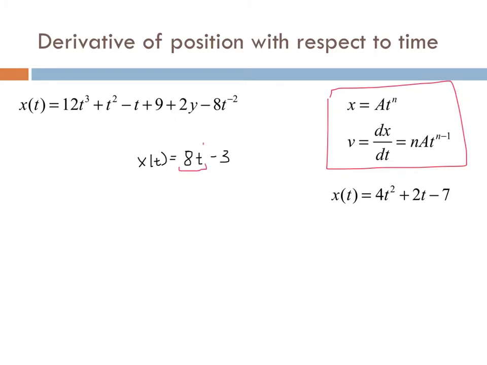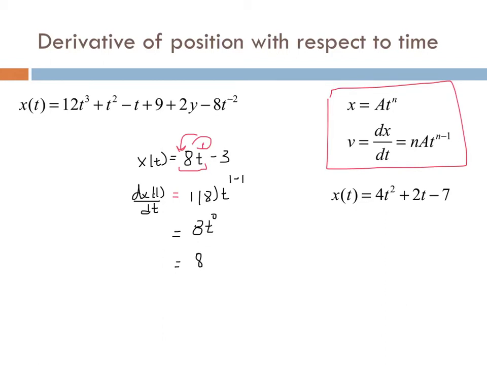Here we can see that 1 is the exponent for the t, so we bring that down to the front, and our equation looks like the derivative of x with respect to t is equal to 1 times 8 times t to the 1 minus 1 power. To clean that up, that becomes 8t to the 0, or just 8. Remember that anything to the 0 power is 1.